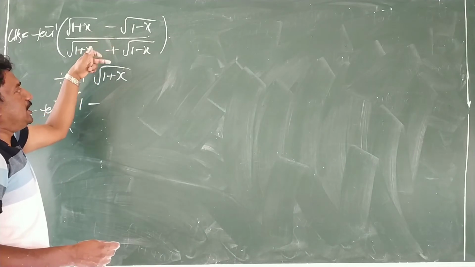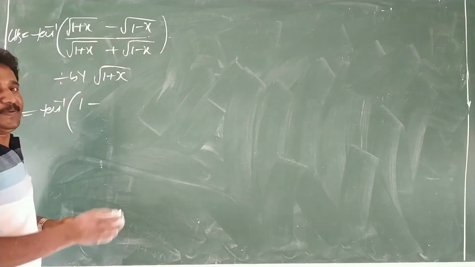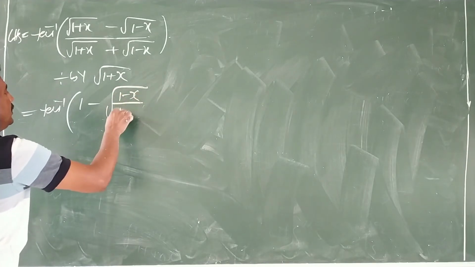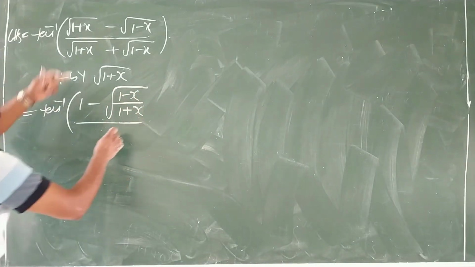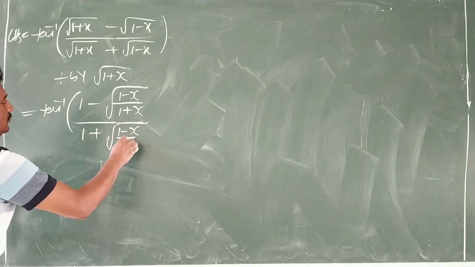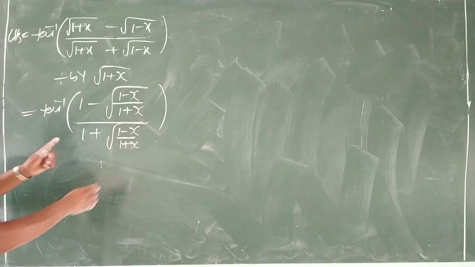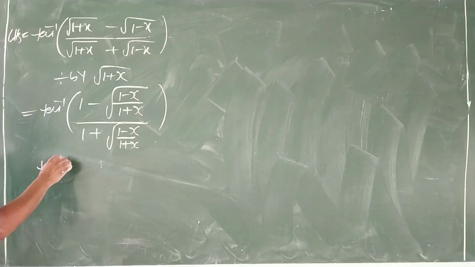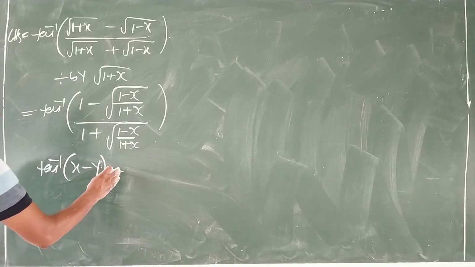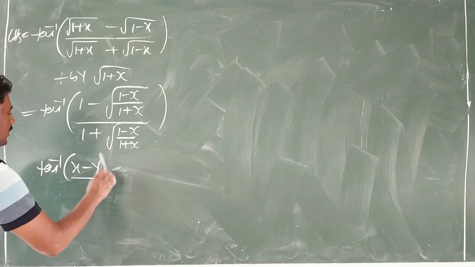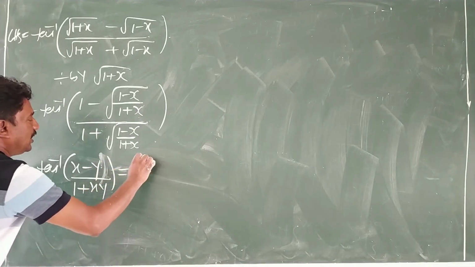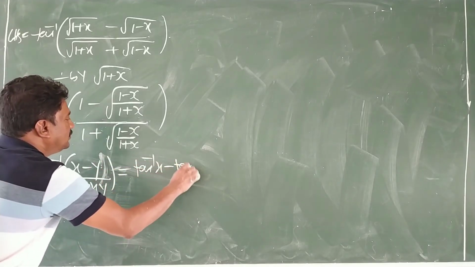Root a by root b, what is root a by root b? Root of a by b. So root of (1 minus x by 1 plus x). Same thing: 1 plus root of (1 minus x by 1 plus x). Use the formula, students: tan inverse of (x minus y) by (1 plus x into y) is equal to tan inverse x minus tan inverse y.